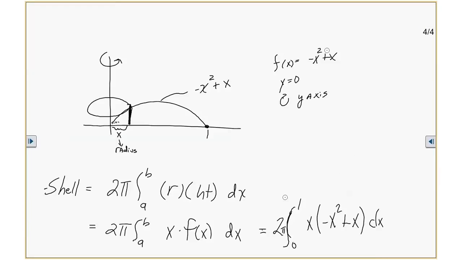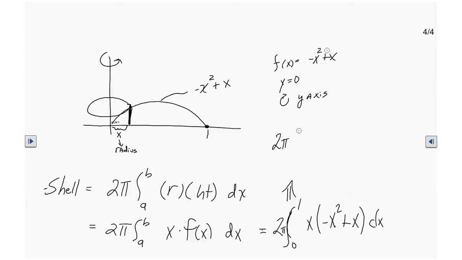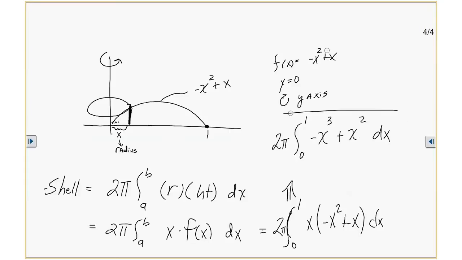That's going to give you 2 pi times the antiderivative from 0 to 1 of negative x cubed plus x squared dx. And as far as setting it up, that's your setup.